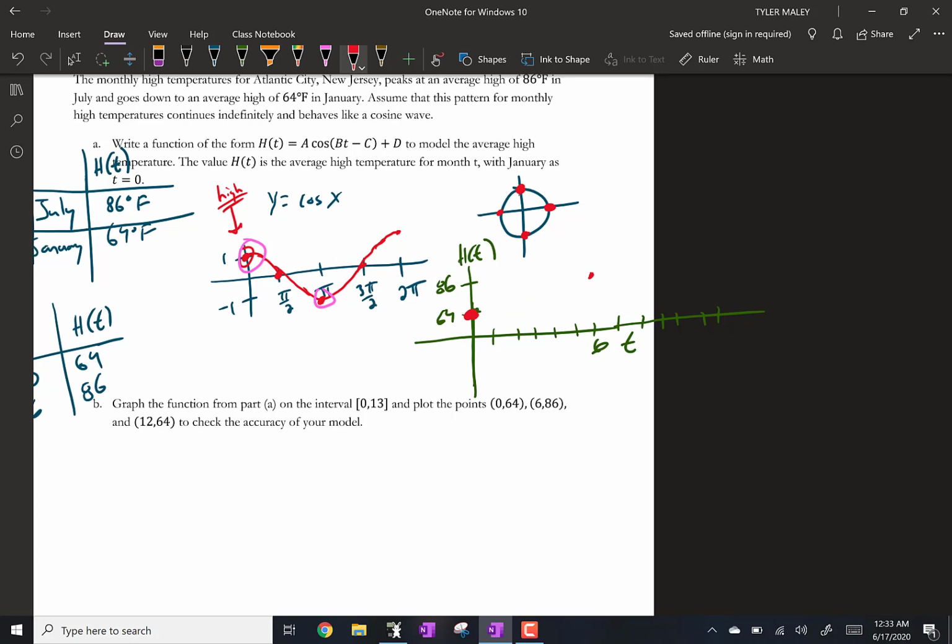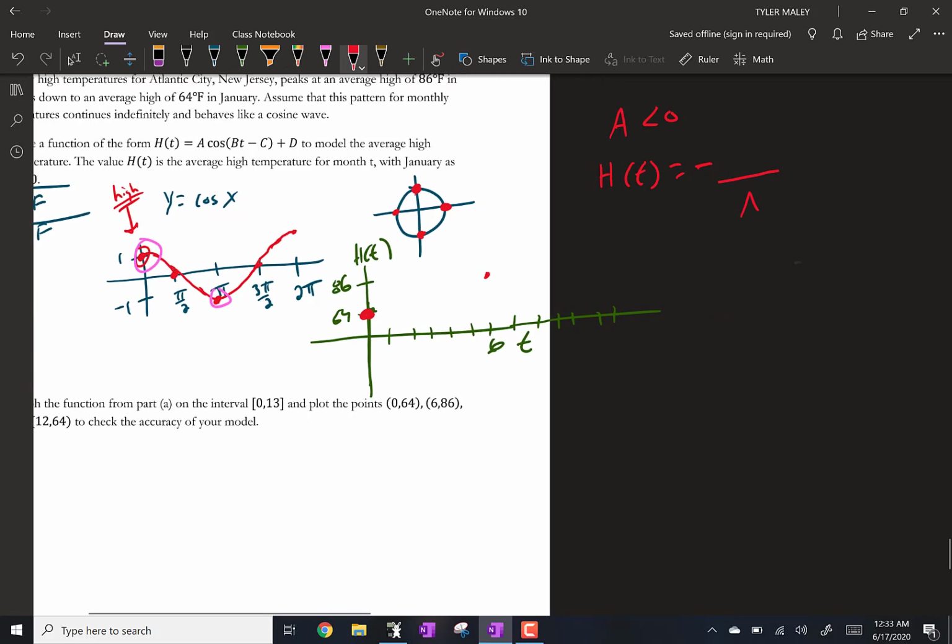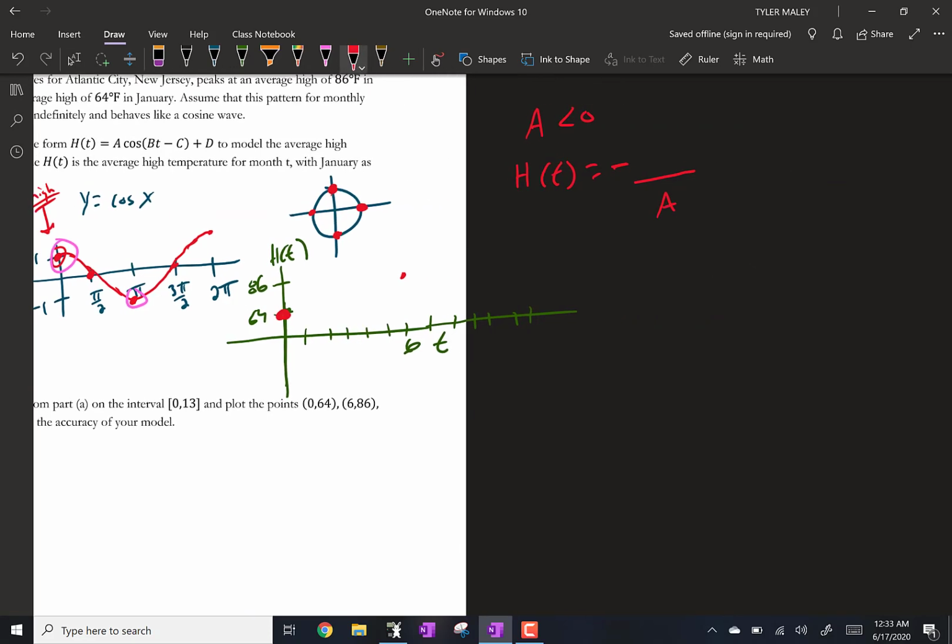So far what that tells me is that the a value has to be negative. In other words, the function we have so far is h of t equals negative, and then we need to fill in this a value, times cosine of something times t.